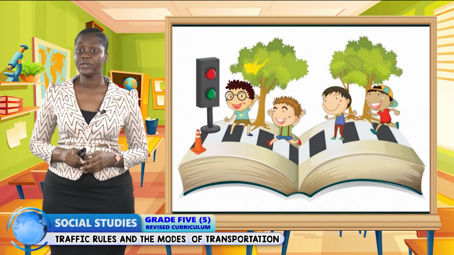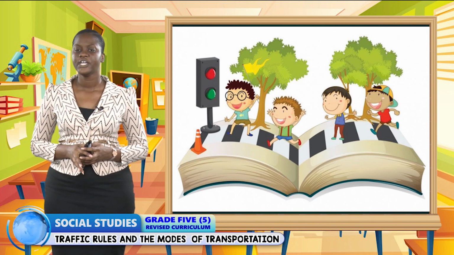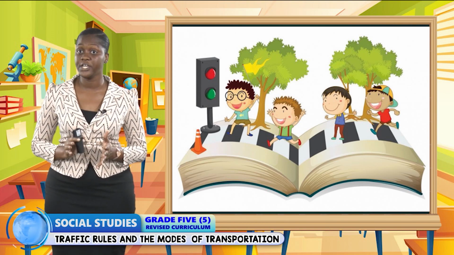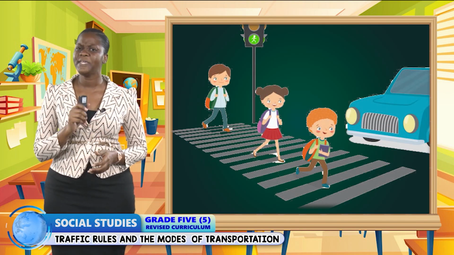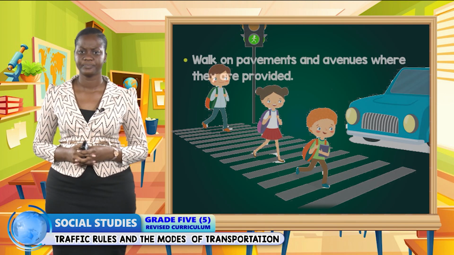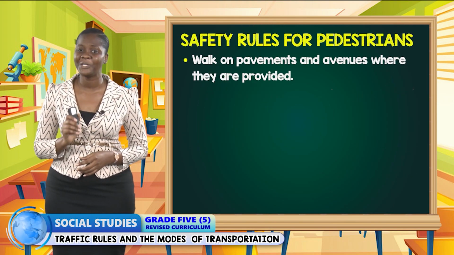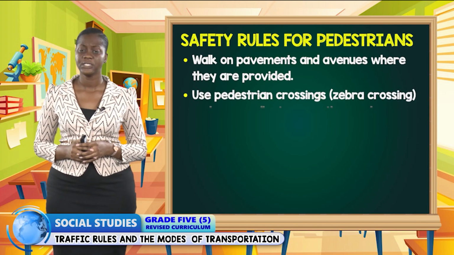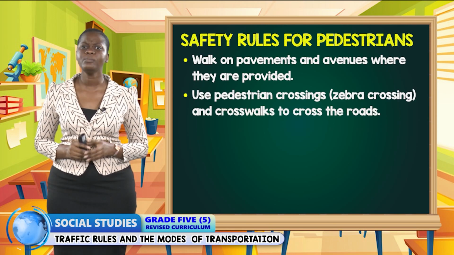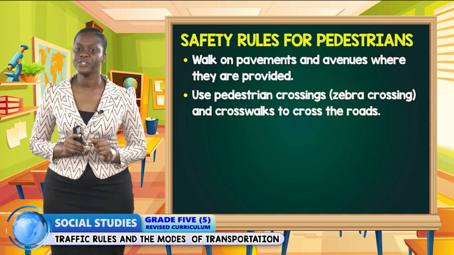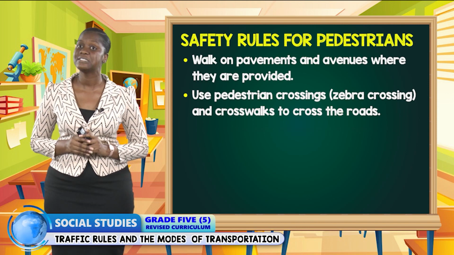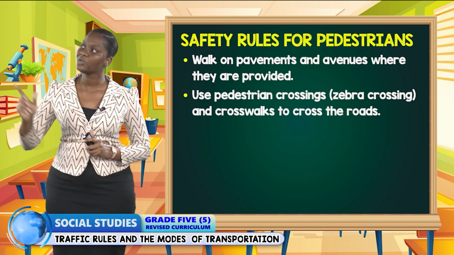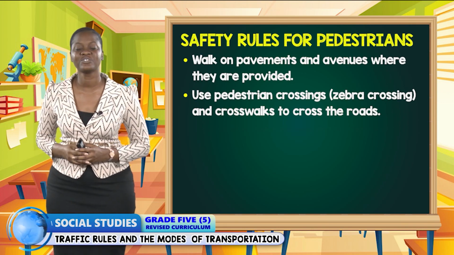So let's take a look at the safety rules that should be used by various road users. We'll begin with pedestrians. They must walk on pavements where they are provided. As a pedestrian, you must use pedestrian crossings or zebra crossings and crosswalks to cross the roads.